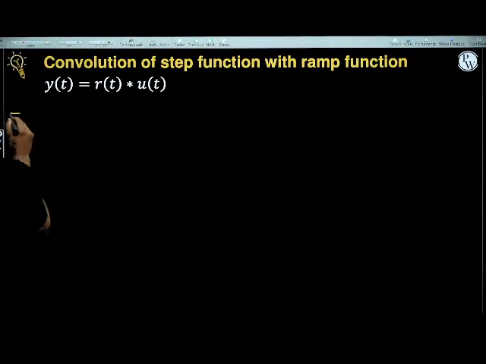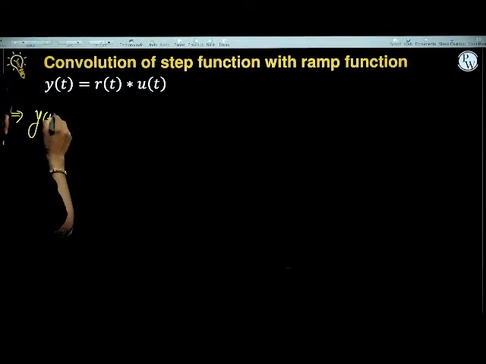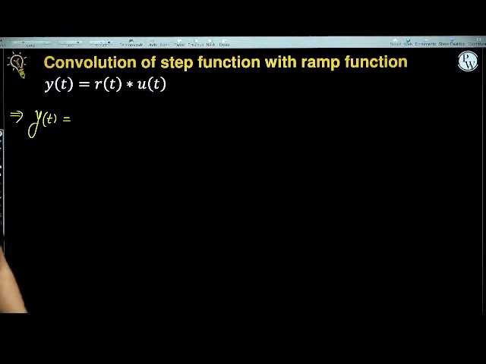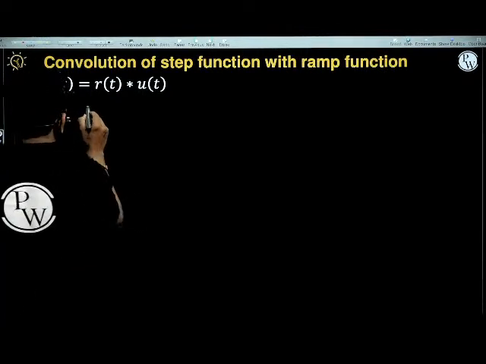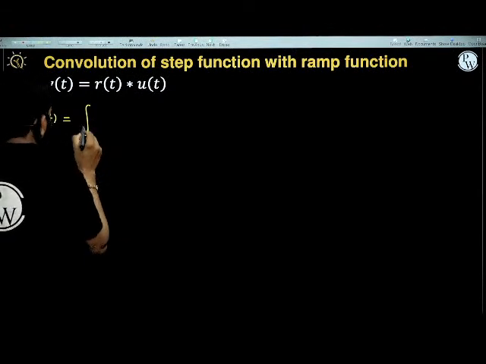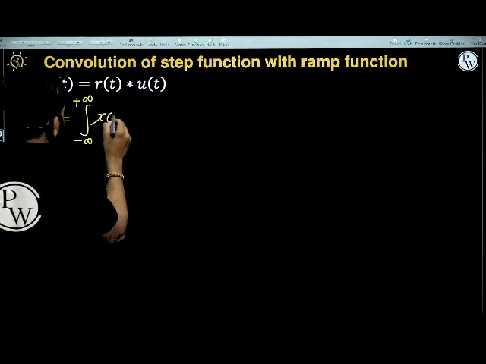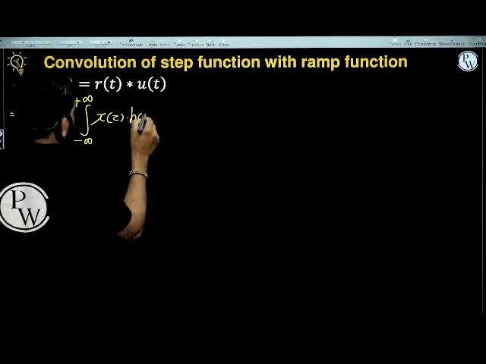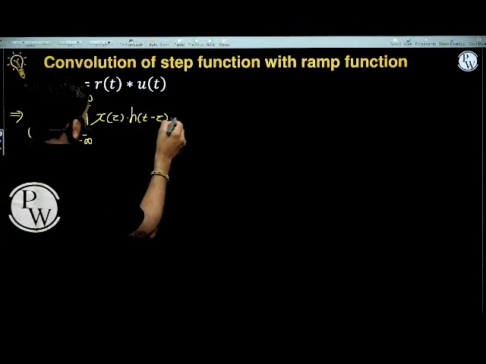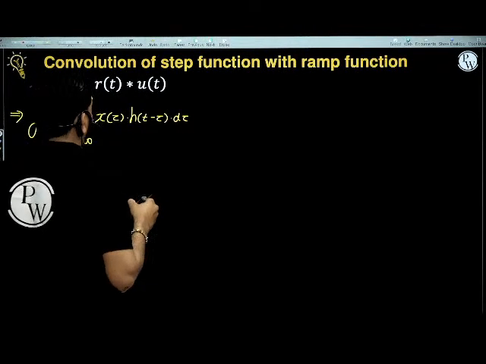So again, the analytical method you can use. So y of t is equal to the integration from minus infinite to plus infinite of x of tau into h of t minus tau d tau.